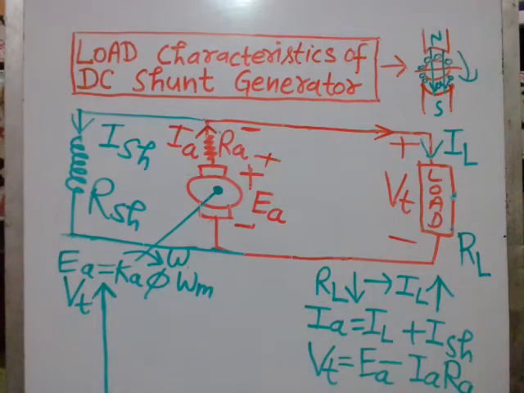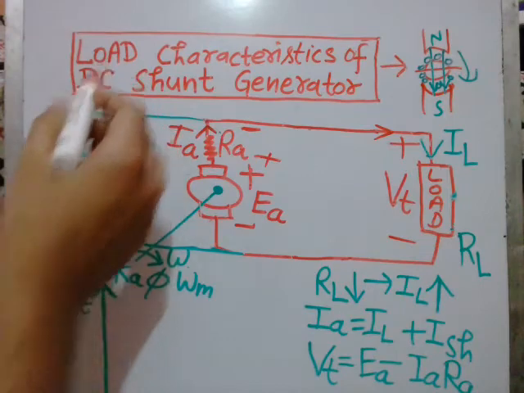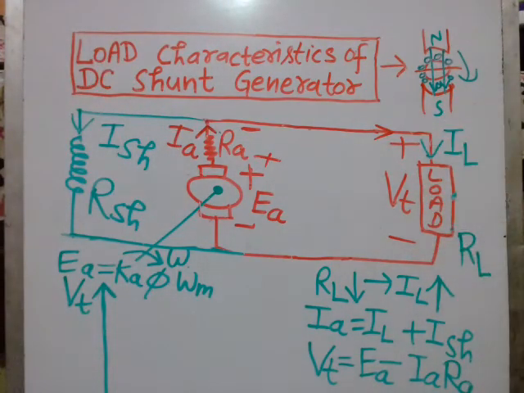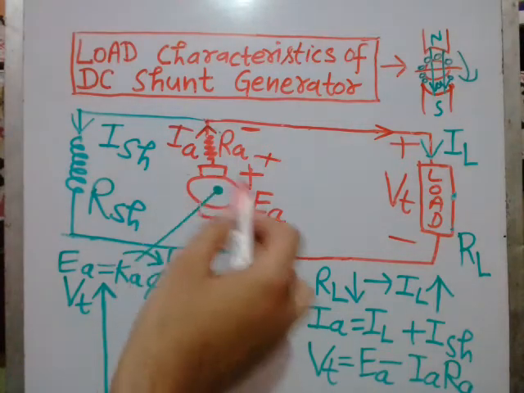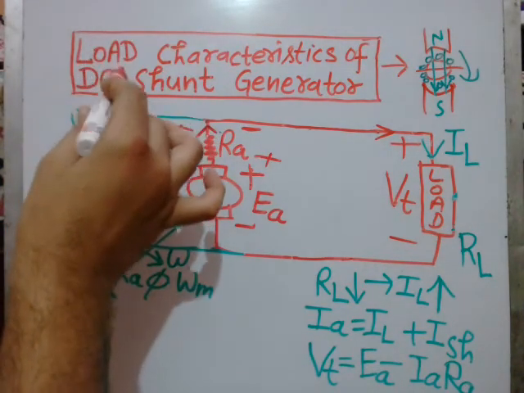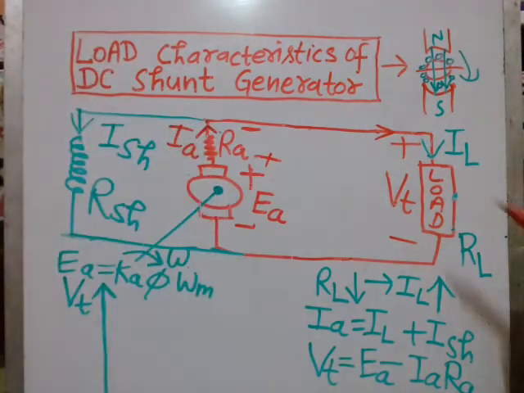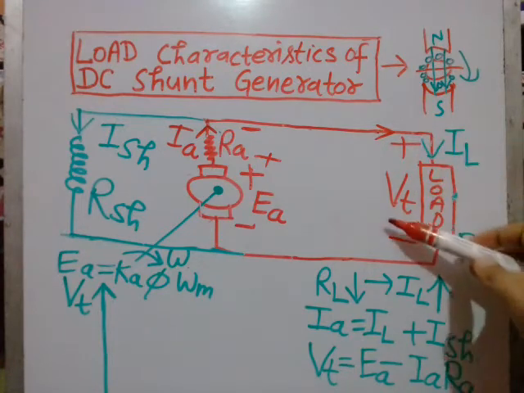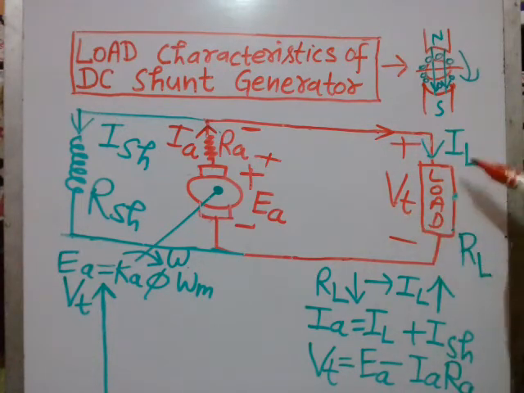So have a look at it. What is the meaning of this load characteristic? Load means something external to the machine. Armature is internal, and load is external. So load means external parameters, that is load voltage, the external terminal voltage Vt, and the external load current IL.